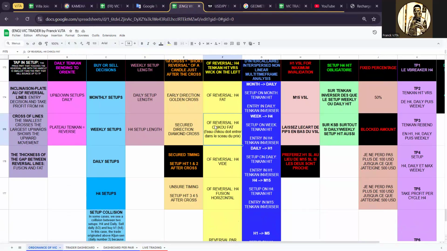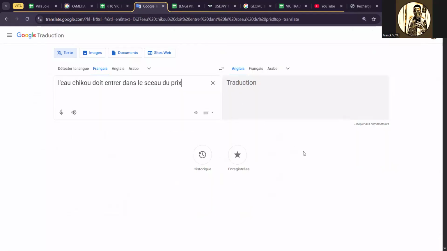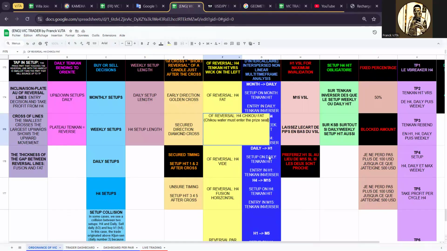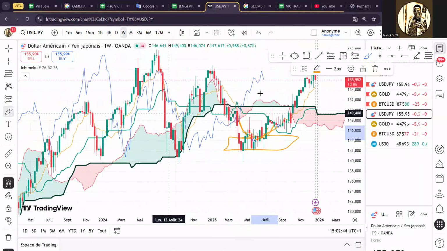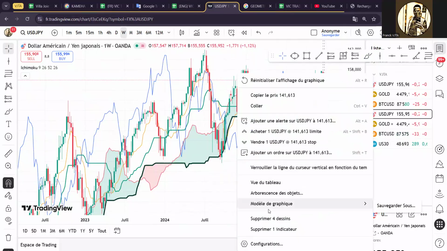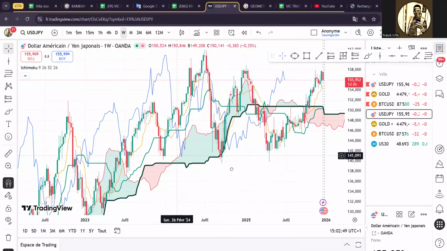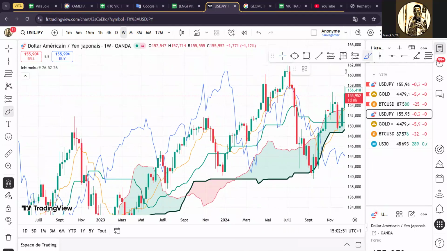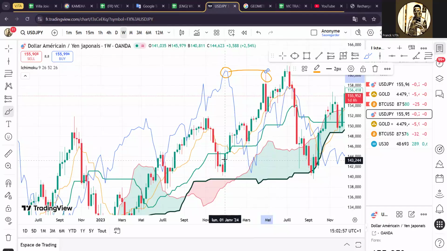Now the next speed of reversal is the Shiku FAT. See, for example, you know that when Shiku is at this level, right, the candles are on top here, isn't it?